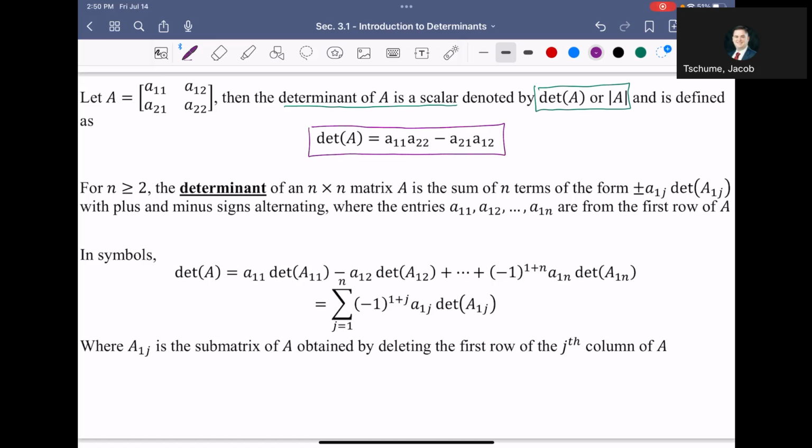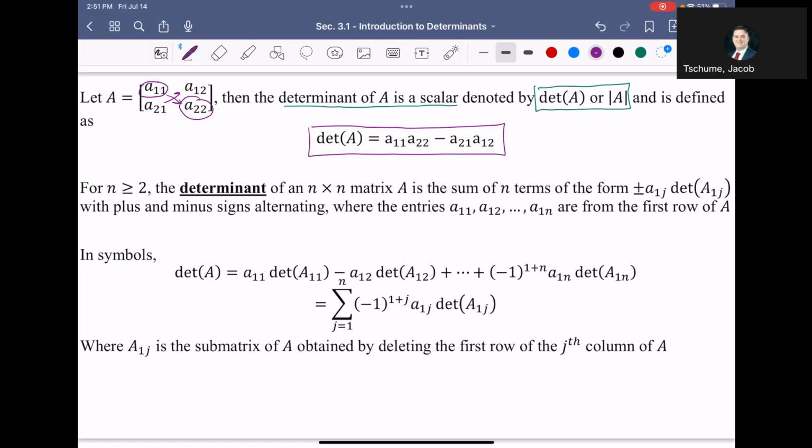You can do A11 times A22 minus A21 times A12. So essentially, going back to our original matrix, you are going to multiply the 2 numbers that are on what we call the main diagonal, so down from top left to bottom right, and then you're going to subtract from that the multiplication of going the other direction, A21 times A12.